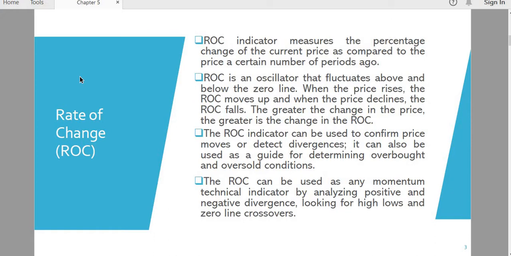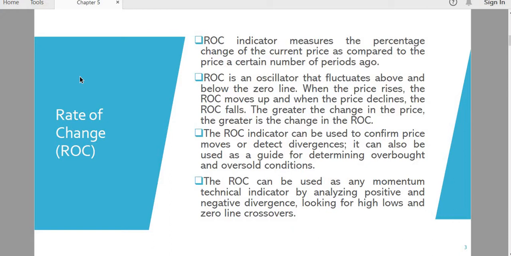Okay, one of the important or popular indicators is ROC. So what is ROC? The ROC indicator measures the percentage change of the current price as compared to the price a certain number of periods ago. ROC is an oscillator that fluctuates above and below the zero line.